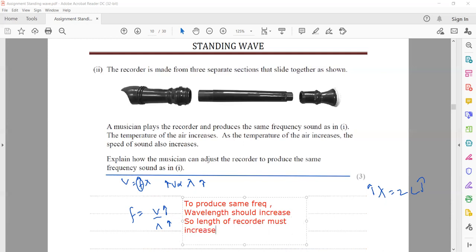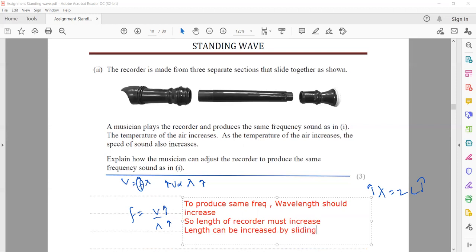And how we can increase the length of the recorder? By loosening the section of the recorder or by sliding the recorder section further apart. Is it clear?